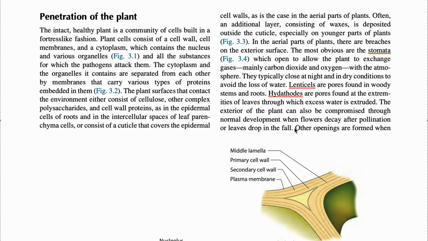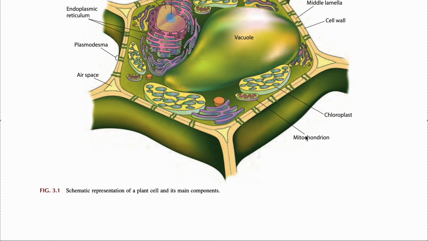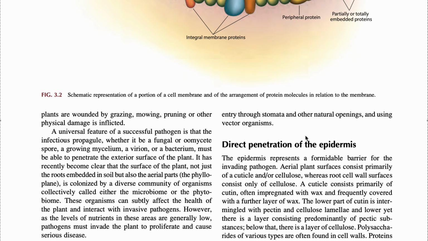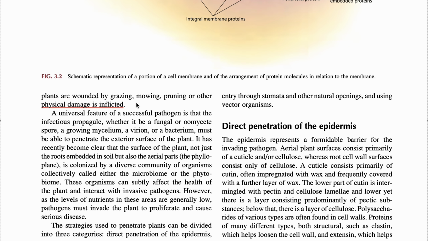Along with these openings, other openings are formed when plants are wounded. Wounded means harmed. When plants are wounded by grazing, mowing, pruning or other physical damage, any physical damage, any wound, there will be a breakage in the protection layer. So the pathogen can penetrate.